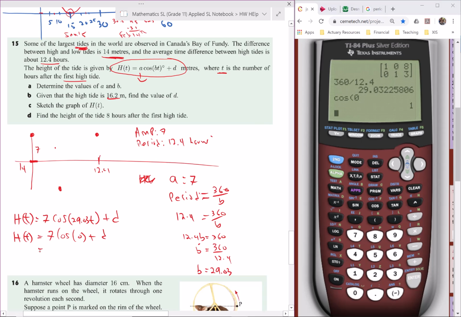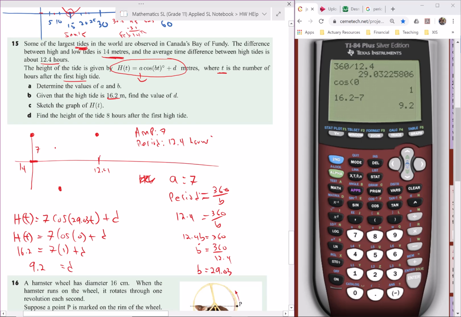So we would have 7 times 1 plus D, and the high tide has a value of 16.2, so this is 16.2. So then D would be 16.2 minus 7, which is 9.2. So your D value is then 9.2.